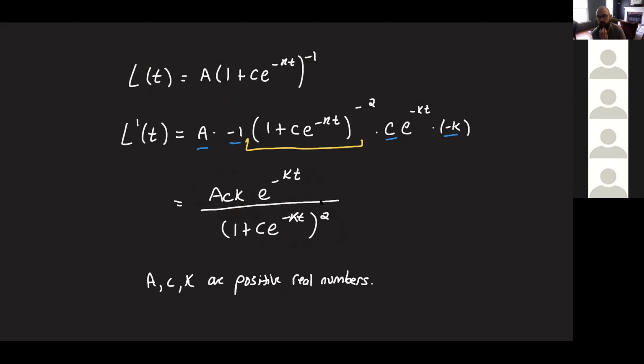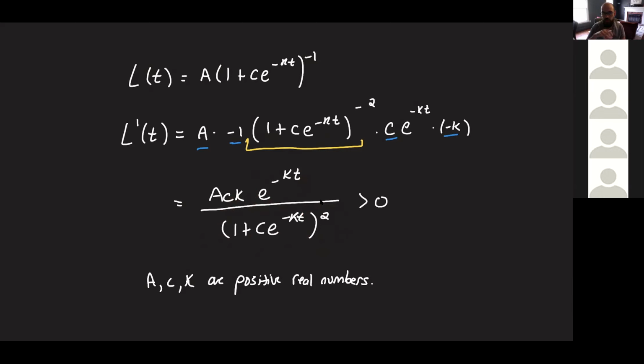And then the question is, is it positive or is it negative? Looking at the denominator, we've got something squared, so the denominator is always positive. A, c, and k are always positive, and this exponential function over here is always positive. So every term in here is positive. What that means is that this thing is always greater than 0, and so my function is increasing.